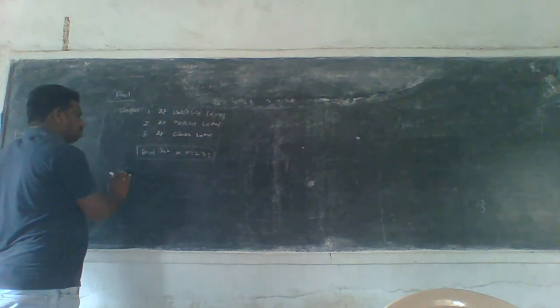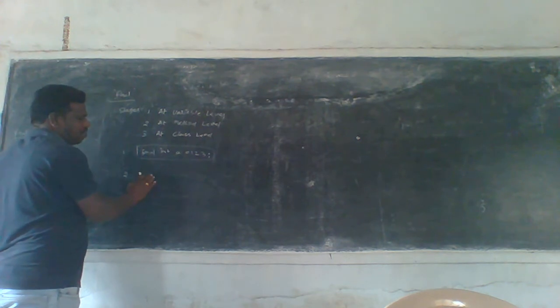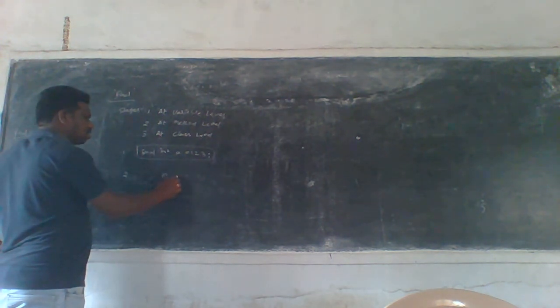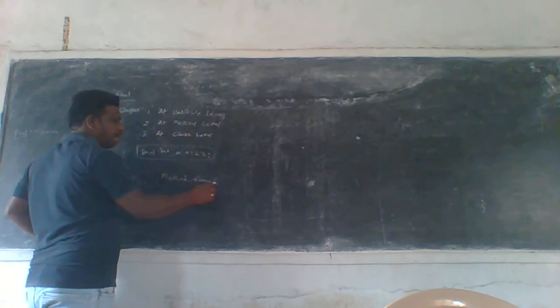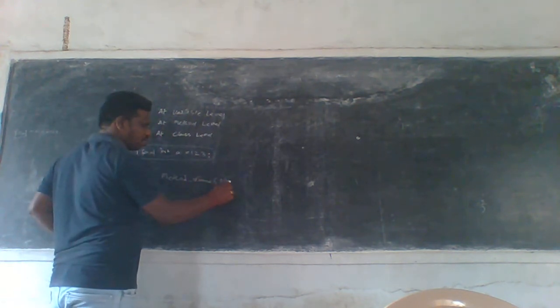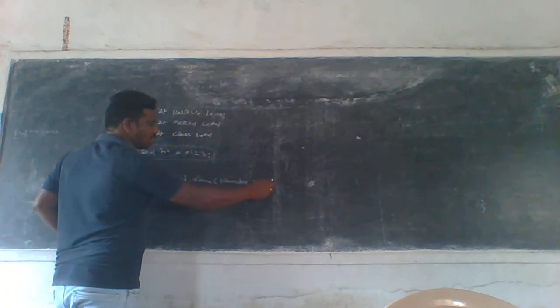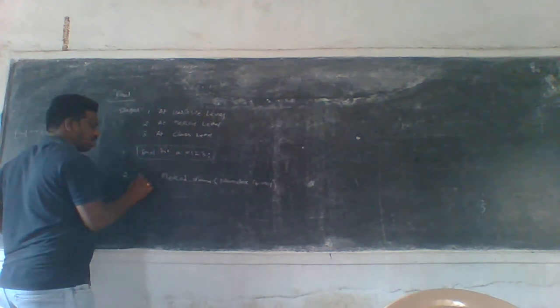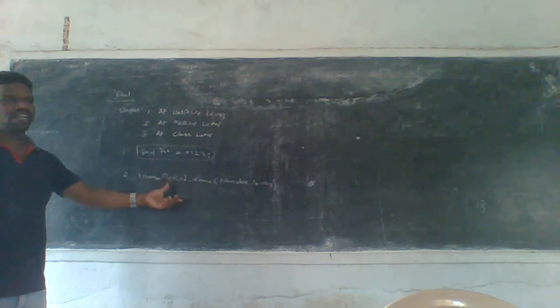Another one is at the method level. How do we represent a method? A method is represented with the return type, method name, and parameters if any. This is the declaration for any method in C language or Java language.